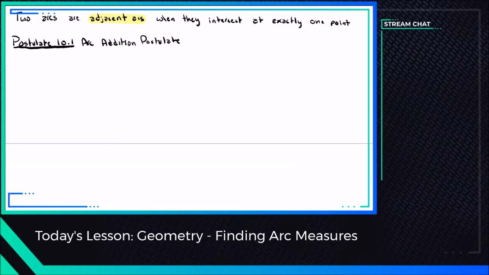And our arc addition postulate states the following. If we draw a circle here, and we put a dot here at A, a point here at B, and a point over here at C, and say we have arc AB here in red, and arc BC here in blue, then the measurement of the entire arc ABC, so the blue and the red, is equal to the measurement of our red arc AB plus the measurement of our blue arc BC.